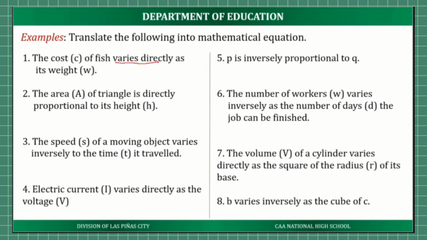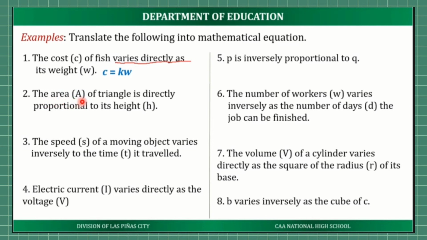C. And then, second variable is W. So, C, ang unang variable, and then W yung second variable. So, we have C is equal to KW.